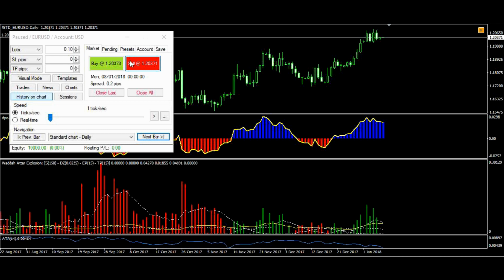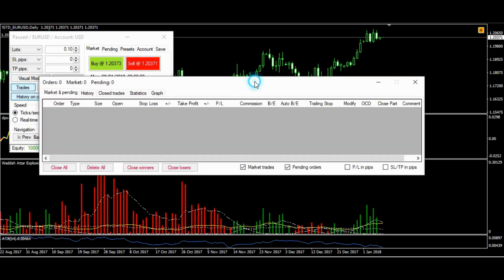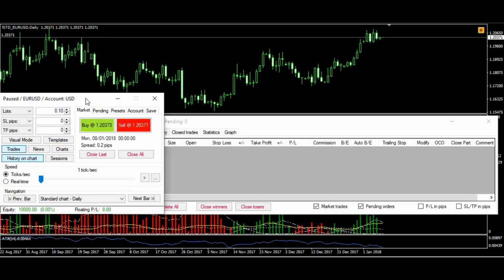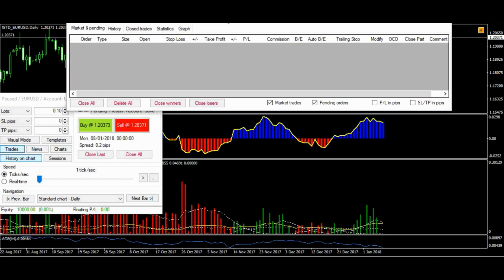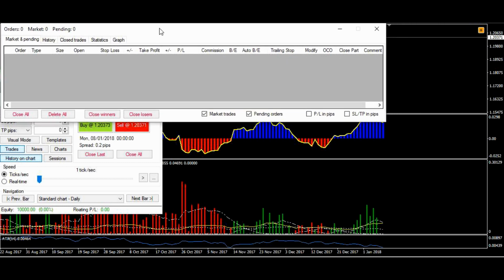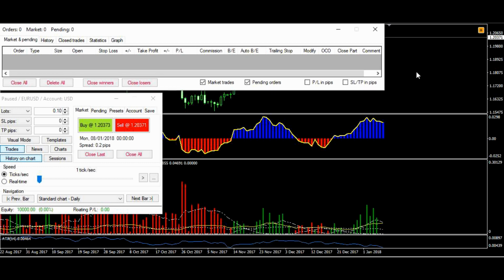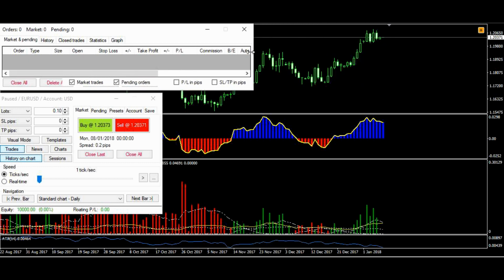The only other thing that I like to do is pull up this window of the trades because I can keep track of my trades as I do them. Hit the break even. All right. So the other thing you want to make sure is that you are not doing this tick by tick, you're doing this bar by bar because it'll take forever.